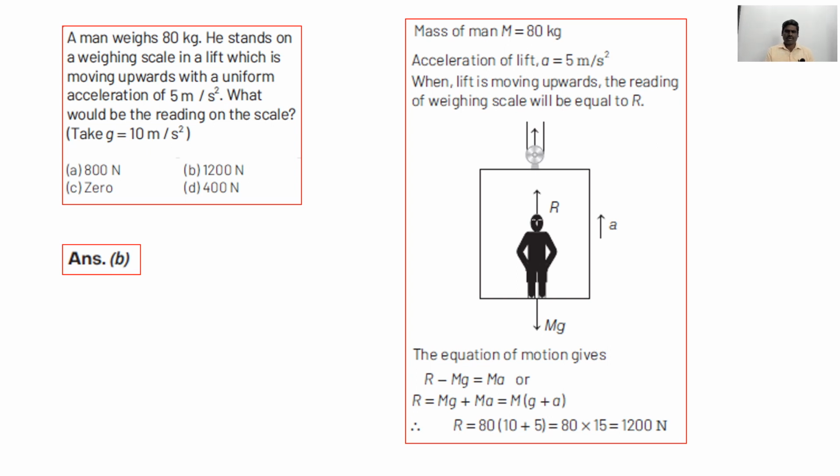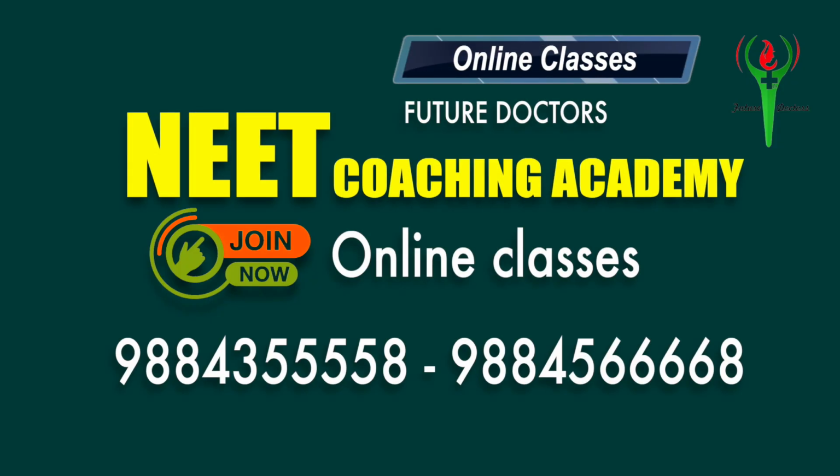R equals 80 kg into (10 plus 5), that is 80 into 15, which equals 1200 Newton. That is option B. The reading on the scale is R equal to 1200 Newton.